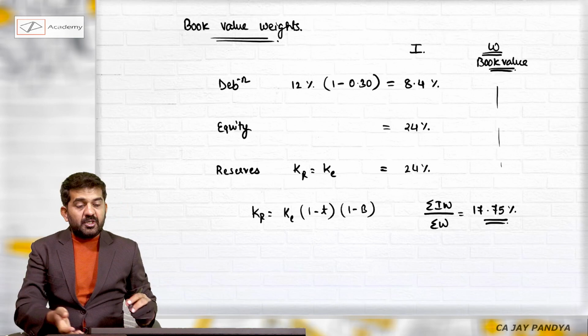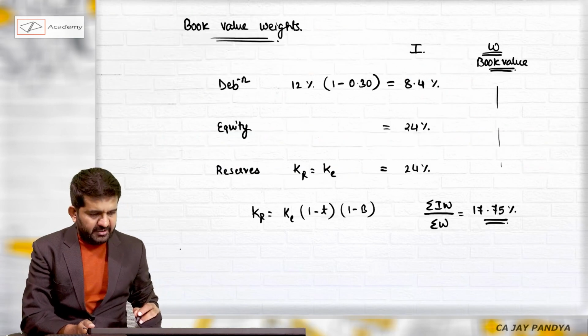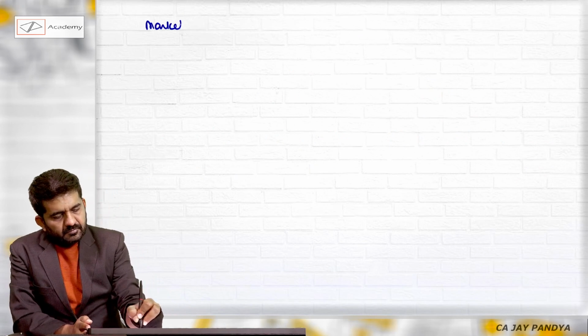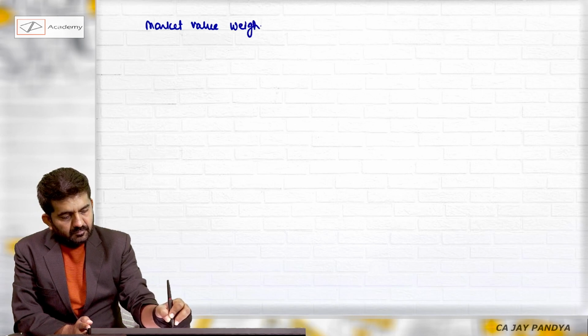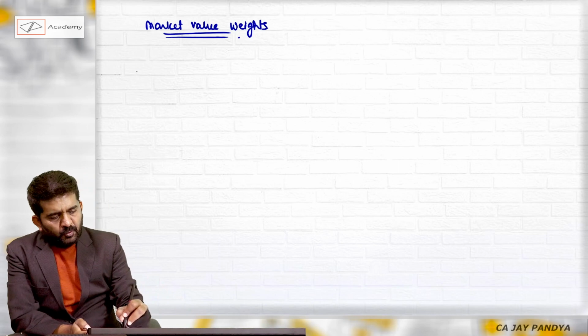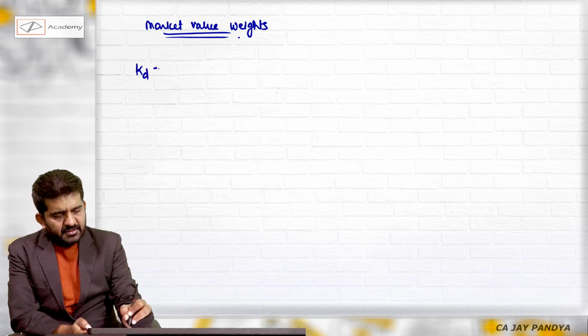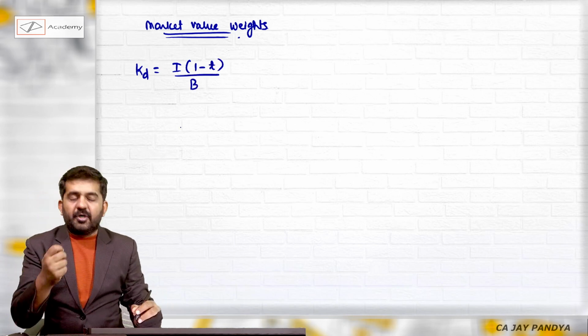Let us find out what is asked in examination. What is asked in examination is by market value weights. Here I will have to re-find out my cost of debentures by I into 1 minus T upon borrowing into 100.